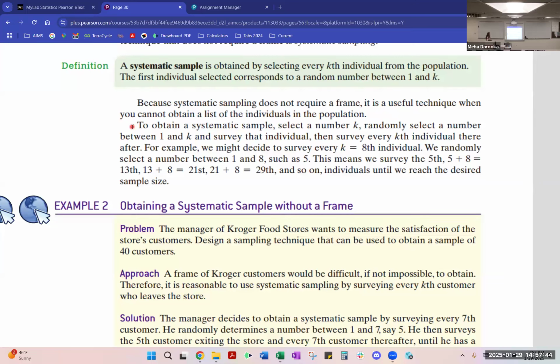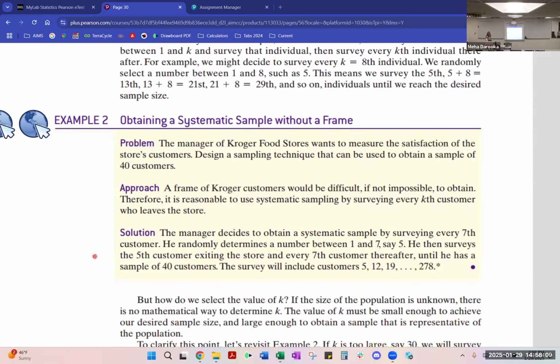So let's say we might decide to survey every 8th individual in our population. We randomly select a number between 1 and 8. Let's say that comes out to be 5. So you would start from number 5. You're numbering all of the individuals in your population, you start at number 5, and then take every 8th member after that. So that's what becomes your systematic sampling.